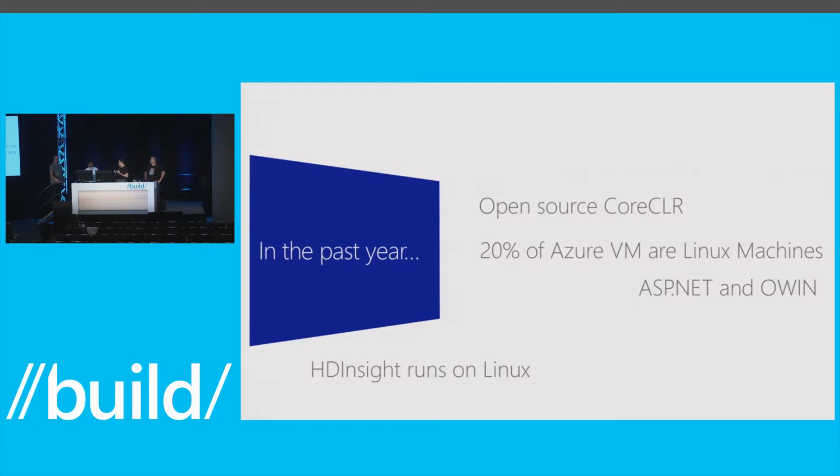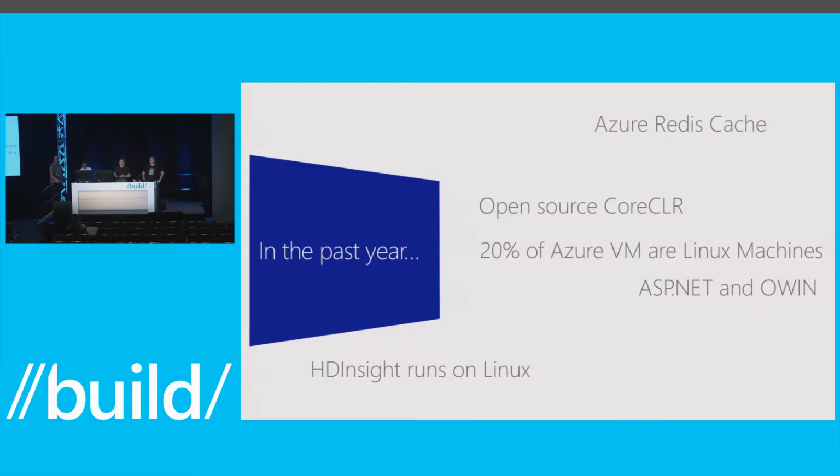We adopted this open standard, which allows us to break the web application from the web server, which means you can host your ASP.NET in your custom process. You can host your ASP.NET in a console application if you want. And with Mono and Core CLR in the future, you can run ASP.NET on Linux in a Docker container. That's all possible. Actually, there are already samples out there today that run an ASP.NET website in a Docker container.